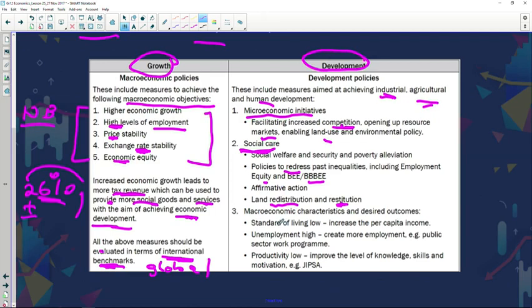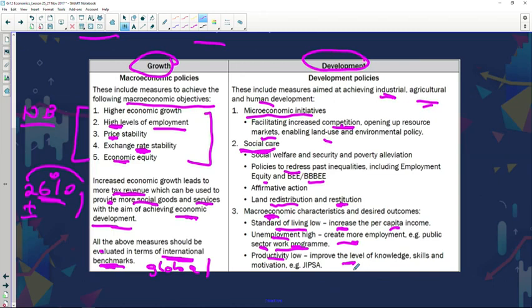And then also under macroeconomic initiatives, we have certain desired outcomes that we want to achieve, which are the standard of living, unemployment, and also productivity. So we know that this will increase per capita income and then create more employment by offering more opportunities in the public sector, have a work program of some sort, and in terms of productivity, improve the level of knowledge and skills and motivation that is needed in order to participate in economic activity.